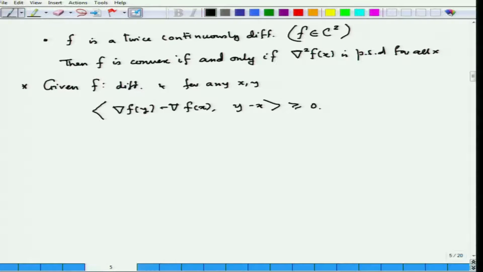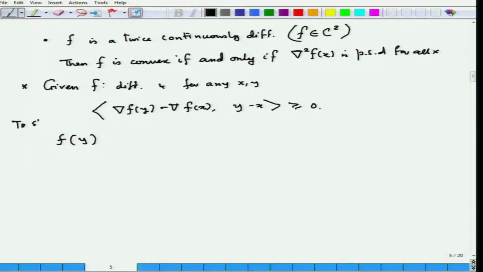Now, let me look into this. What I have to do to prove that a differentiable function is convex is to show that f is convex. That is my job now. So, my question is: is f convex?